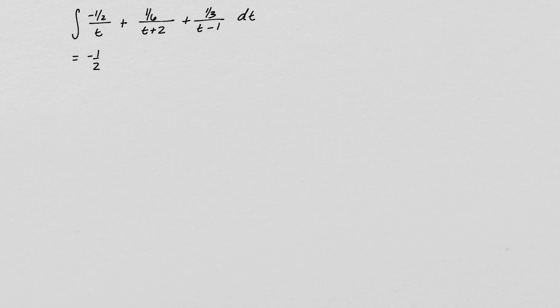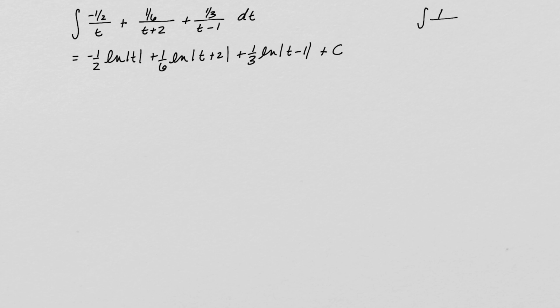I have essentially 1 over t left, so that's going to be the natural log of the absolute value of t, plus 1/6 the natural log absolute value of t plus 2, plus 1/3 the natural log absolute value of t minus 1, plus C. And again, it's just using that trick that the integral of 1 over x plus or minus a dx, or t's, whatever you have, is always going to be the natural log of the absolute value of x plus or minus a. So that's what I used there.